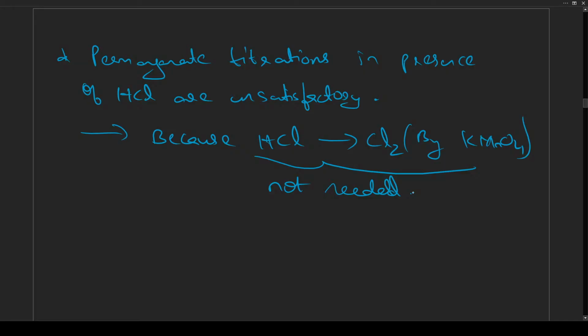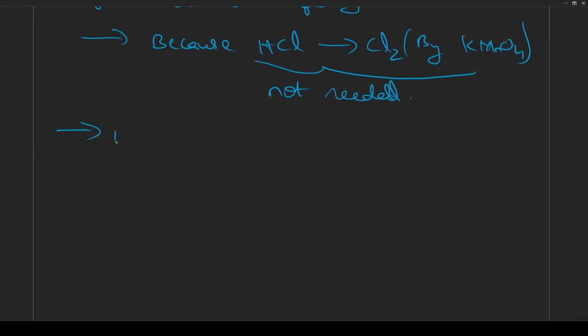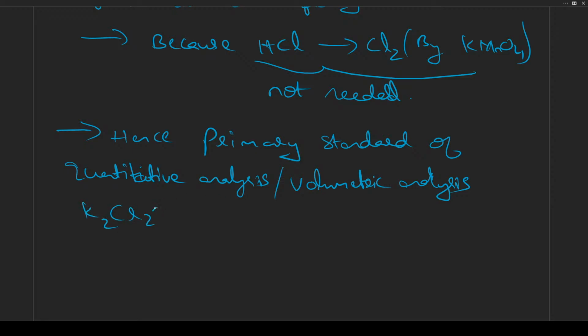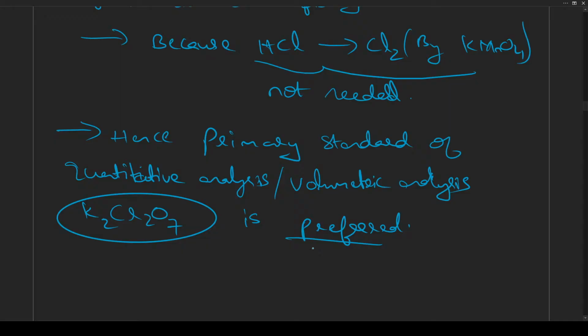Since KMnO4 can't be used everywhere, as a primary standard for quantitative or volumetric analysis, K2Cr2O7, potassium dichromate, is preferred. It is the primary standard.